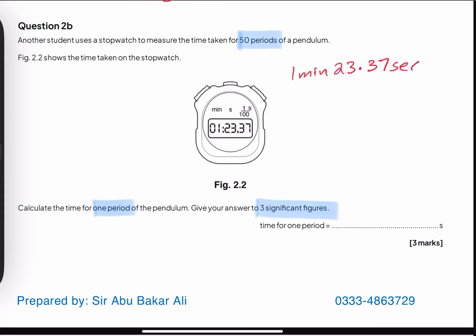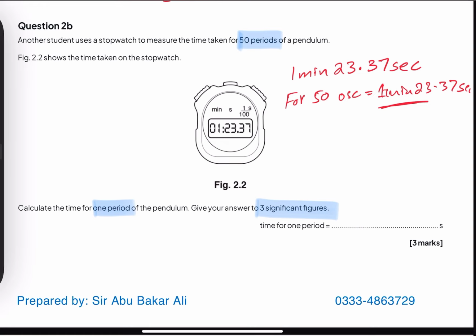23.37 seconds. This is for the 50 oscillations. So we have to answer in seconds, so we have to convert the minute.